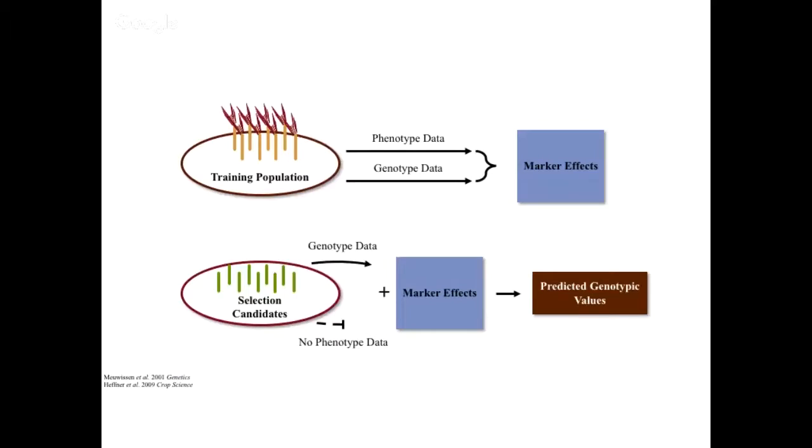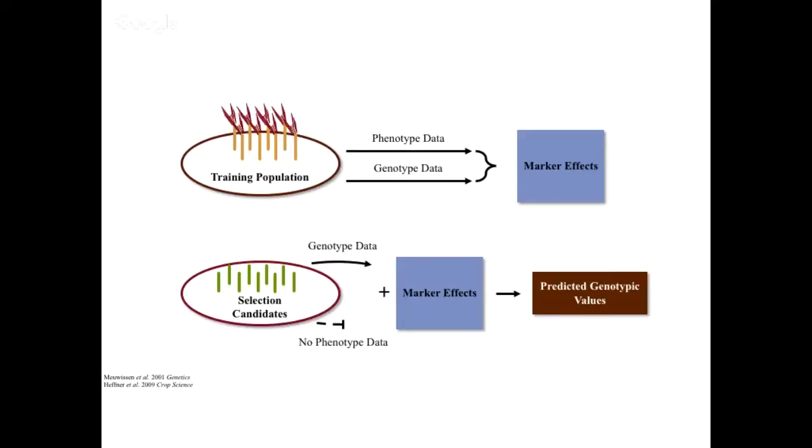So in genomic selection, we're using genome-wide markers to predict the value of individuals so we can select them without necessarily using phenotype data. We have two different populations as demonstrated in this diagram, a training population and selection candidates. Our training population has been phenotyped and genotyped with genome-wide markers, and we use the association between those phenotypes and the genotypes to predict marker effects.